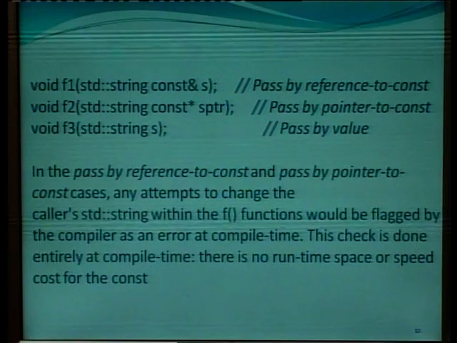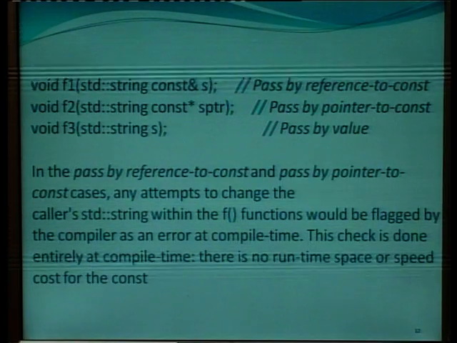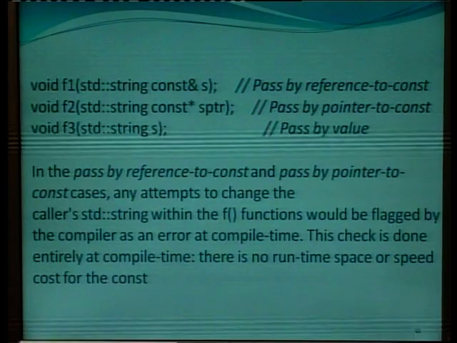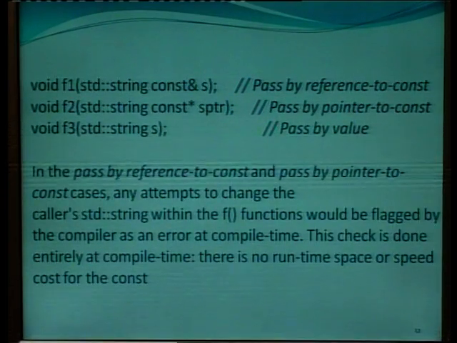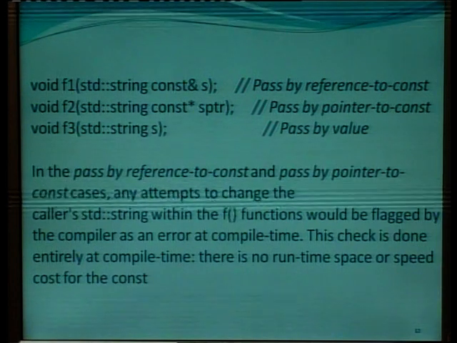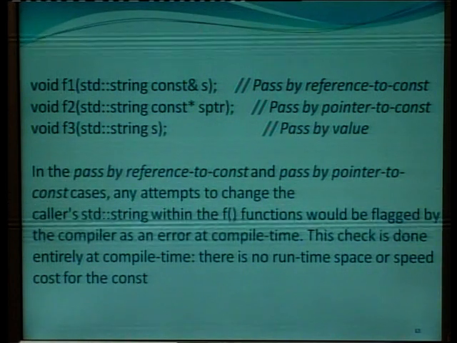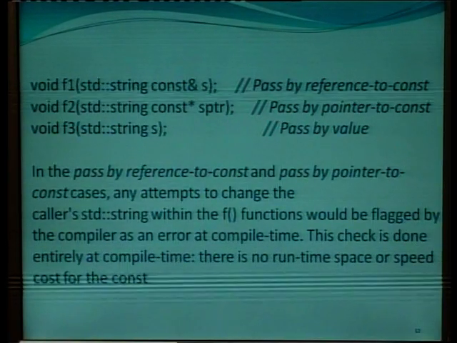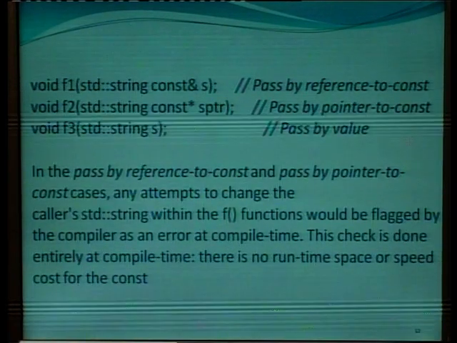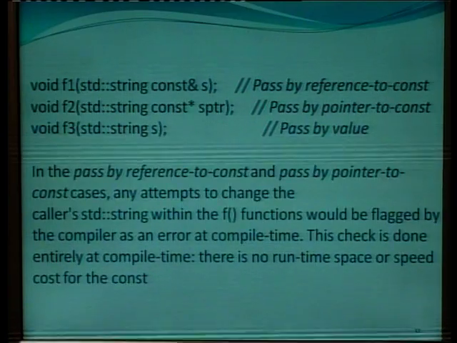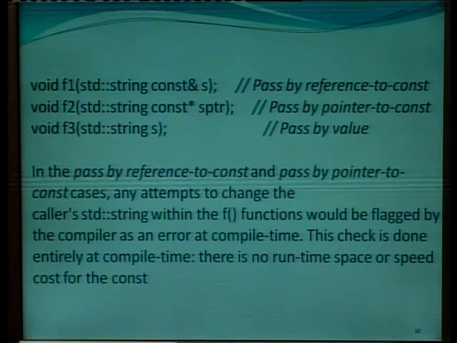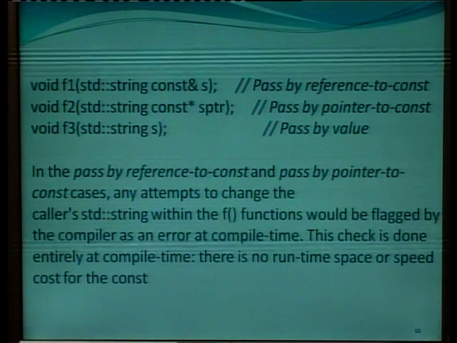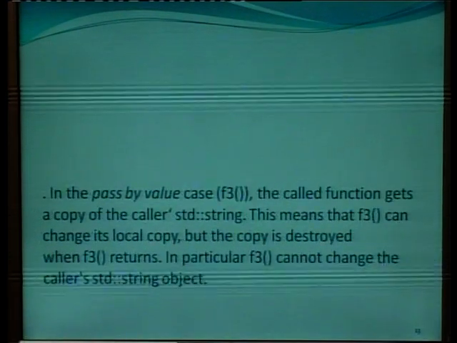There is no runtime space or speed cost for constants. So, pass by reference, pass by pointer or pass by value: where is your memory stored? A pointer is another variable that should be declared, and a reference means one variable refers to another variable. This way you can declare them.